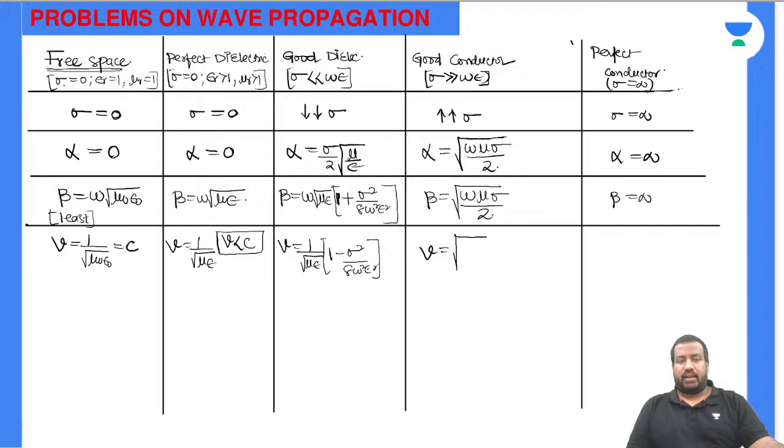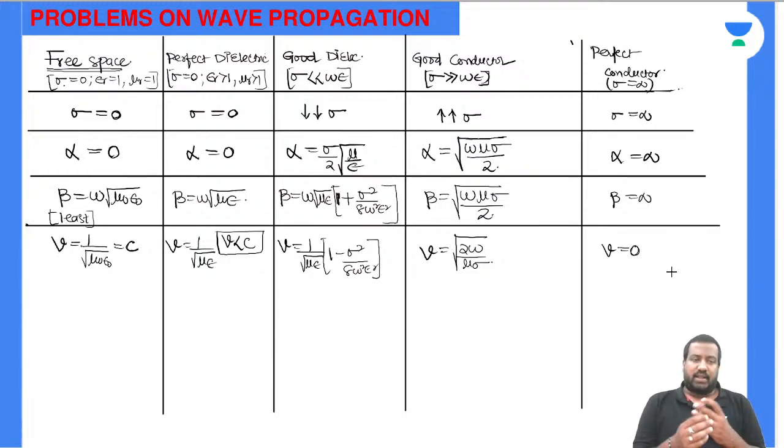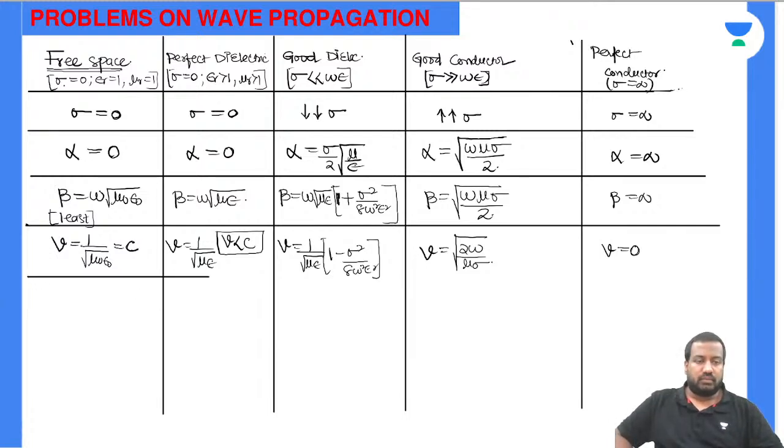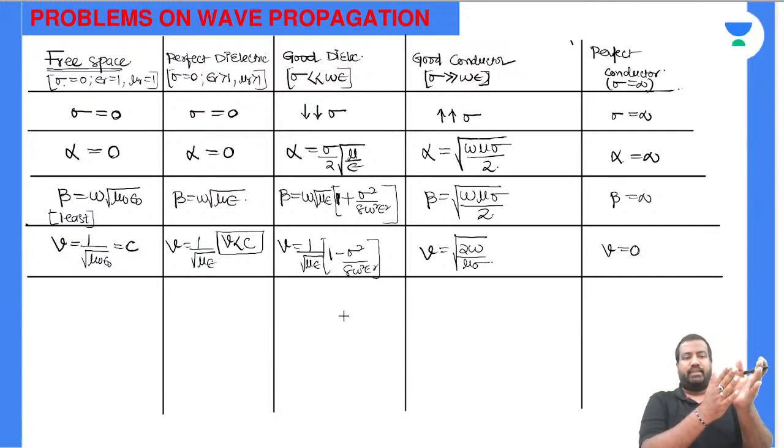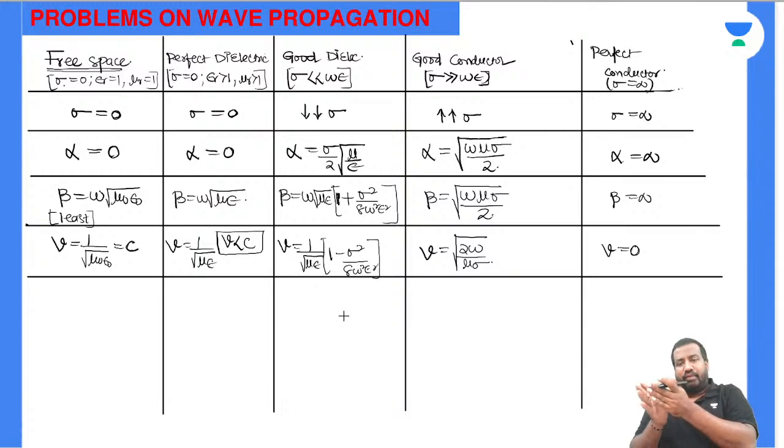Here velocity is under root of 2 omega by mu sigma. Sigma is very large value, so velocity is still less. Here velocity is 0. In good conductor, the velocity is 0. Yes, that's about velocity. So how is the journey of velocity: from c, less than c, still less, very less, 0.